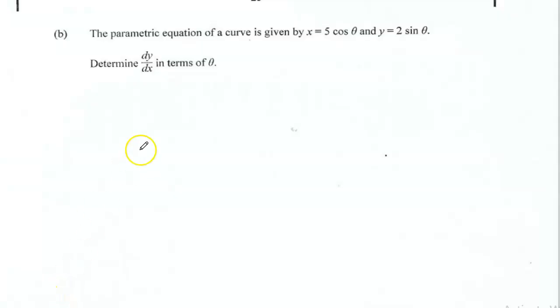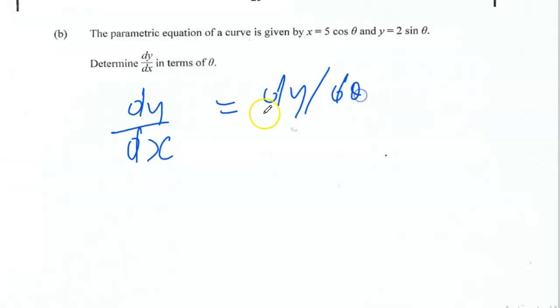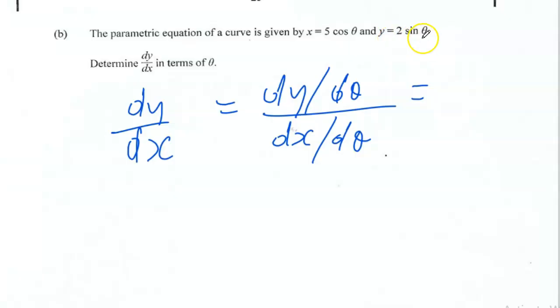Part B, the parametric equation of a curve is given as x equal to 5 cos theta and y equal to 2 sin theta. Find dy by dx. So dy by dx is dy by d theta divided by dx by d theta. Now dy by d theta: differentiate 2 sin theta, we get 2 cos theta.